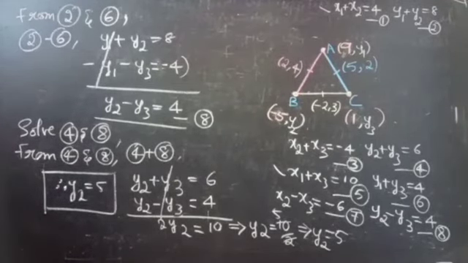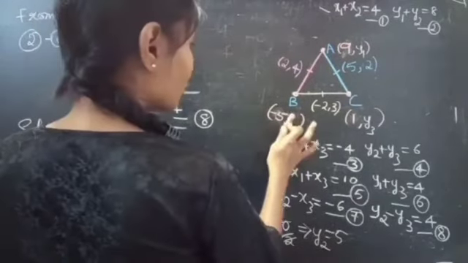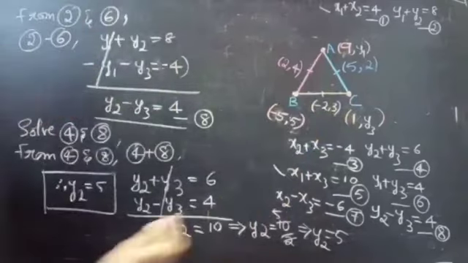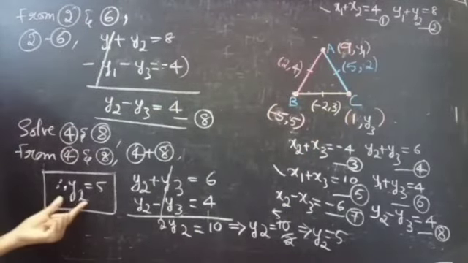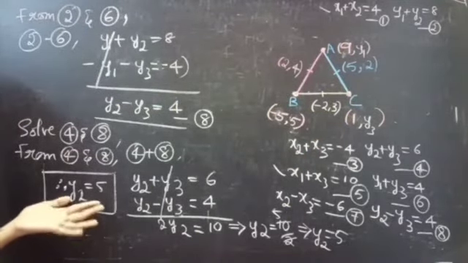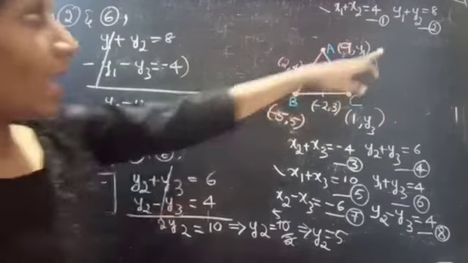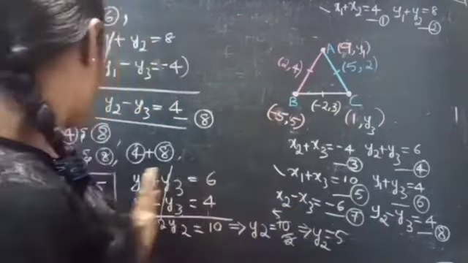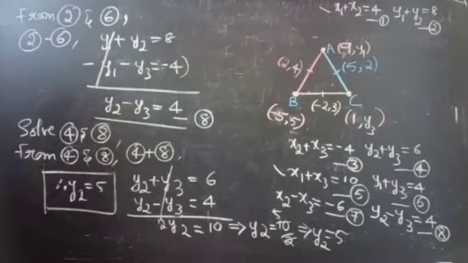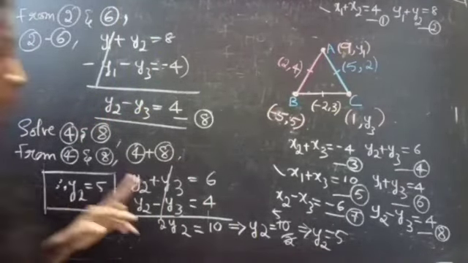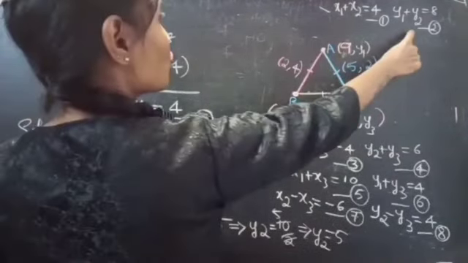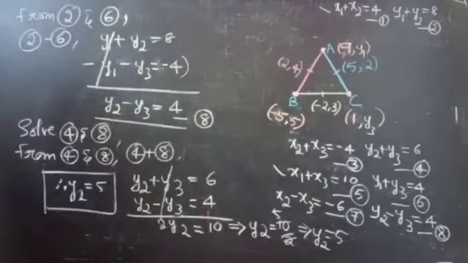Now we have the value of y2, which is 5. Since y2 equals 5, you can substitute it in any of these equations to find y1 and y3. So now I'm going to substitute the value of y2 in equation number 2 to get the value of y1.